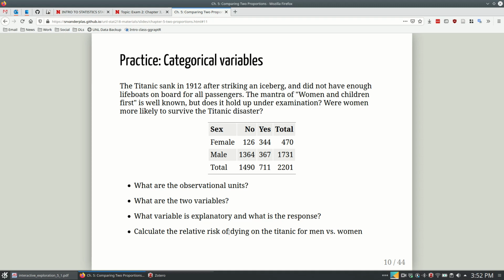But yeah, these are kind of tricky, and you do have to read carefully when you're answering a question like that. The translating words to math thing keeps coming up in statistics. All right, the observational unit was each person, right? The two variables are sex and survival.